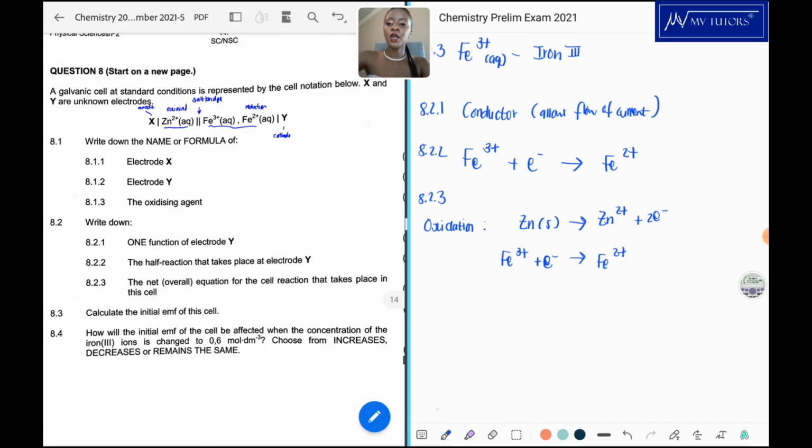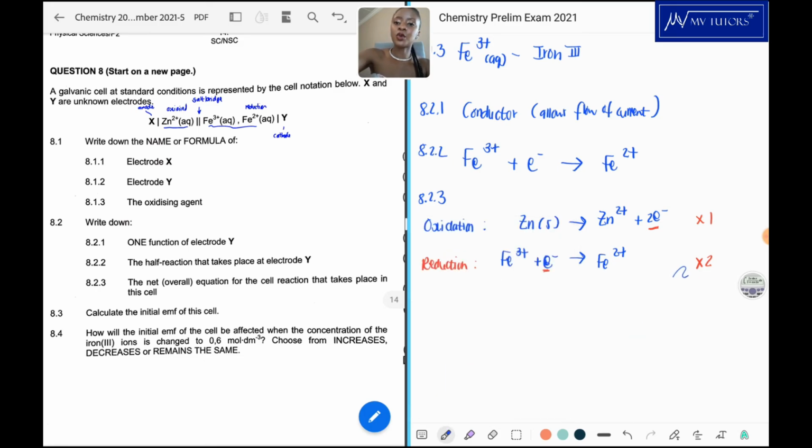Guys, for the zinc we have 2 electrons, and here we have 1 electron. So I need to balance, this is where maths comes in. This is what occurs at the reduction. So I need to multiply this by 2 to balance it, and here I'm multiplying by 1. I hope you guys are getting me and you're understanding.